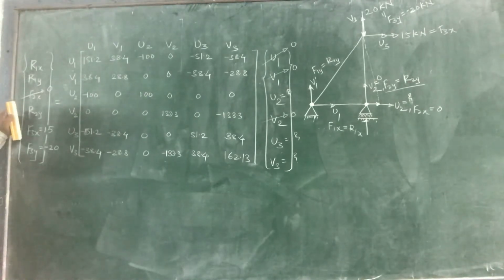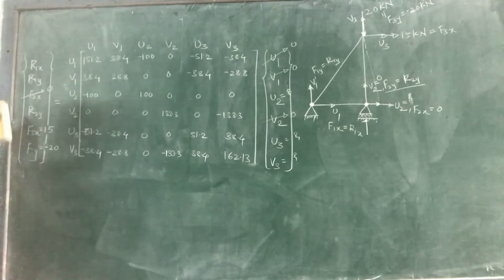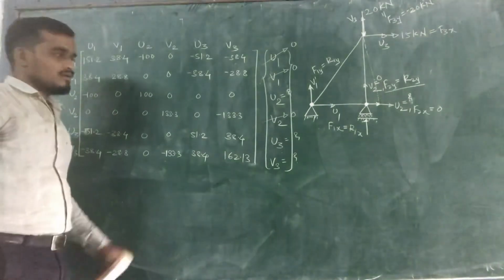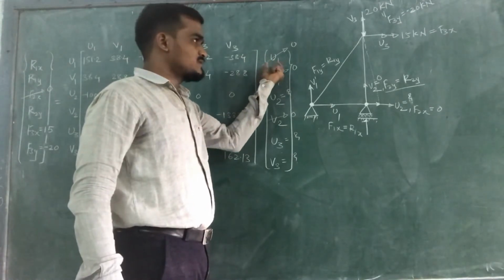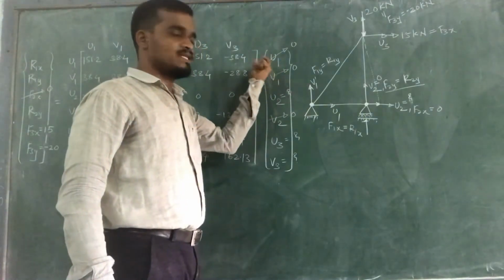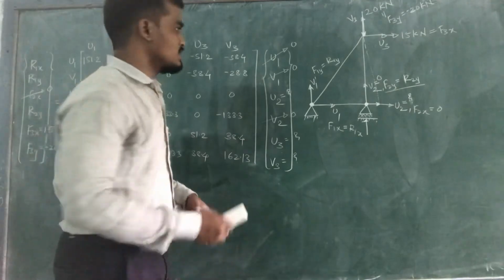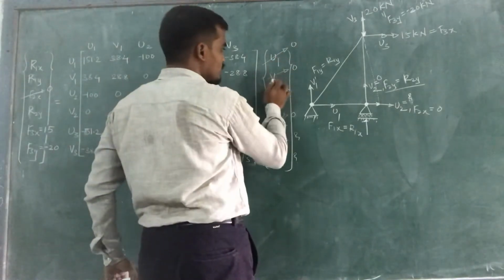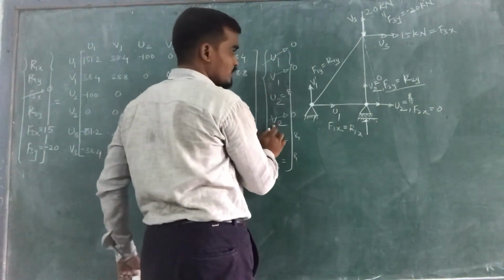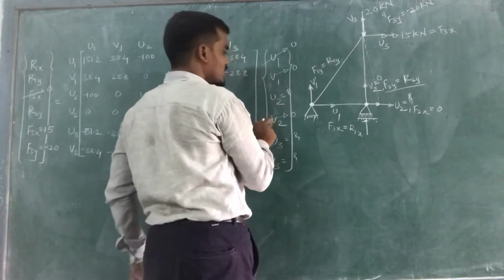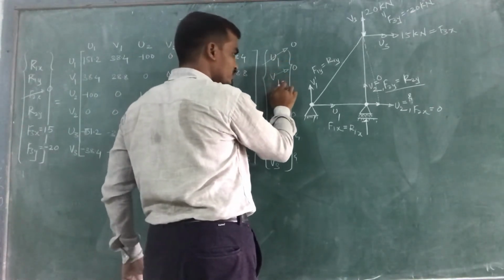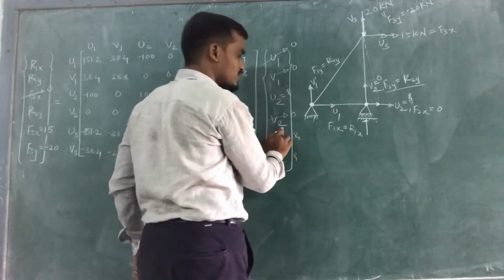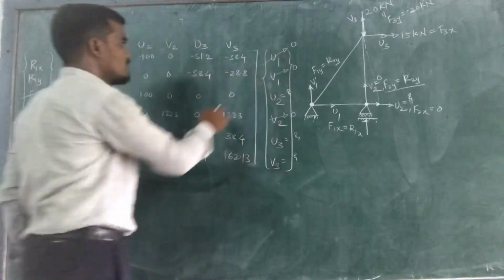Now, the next step is what? The elimination approach. As we know, find out the displacements whose value is equal to 0 and eliminate those rows and columns. Here U1, V1 and V2 values are 0. So eliminate the U1 row and U1 column, V1 row and V1 column, similarly the V2 row and V2 column.